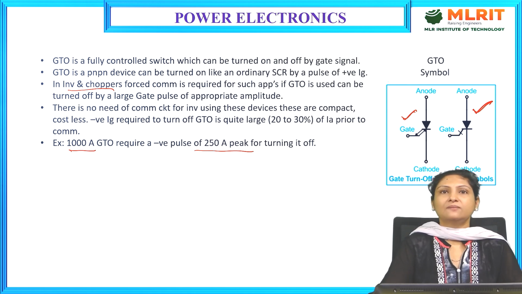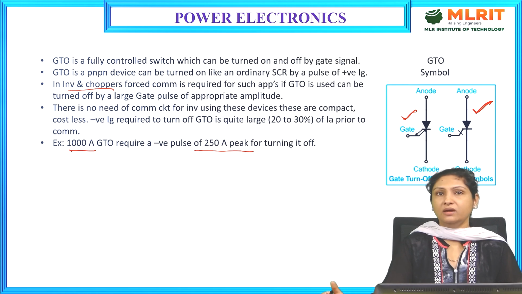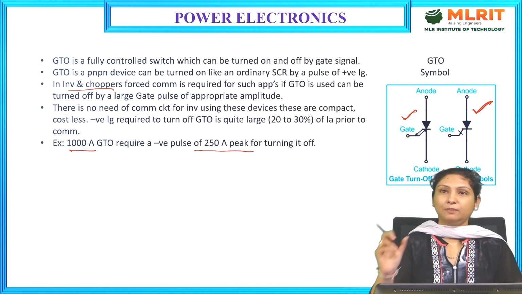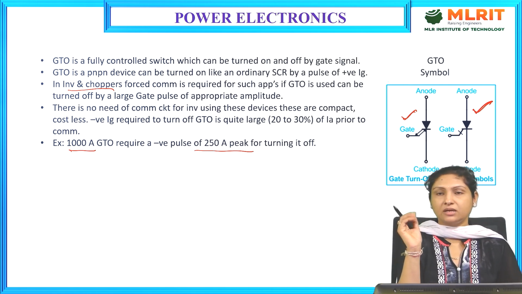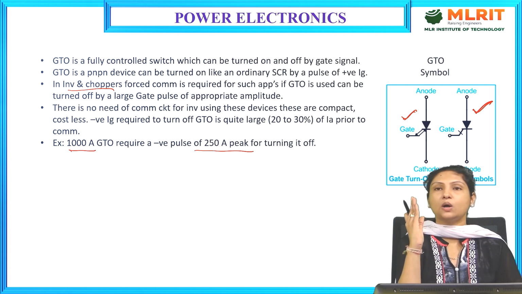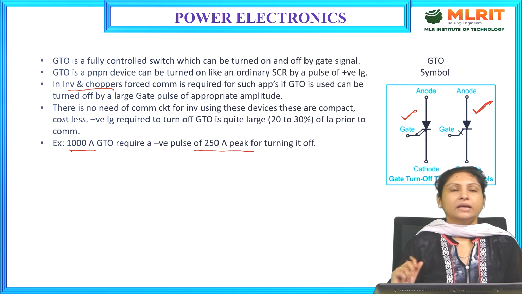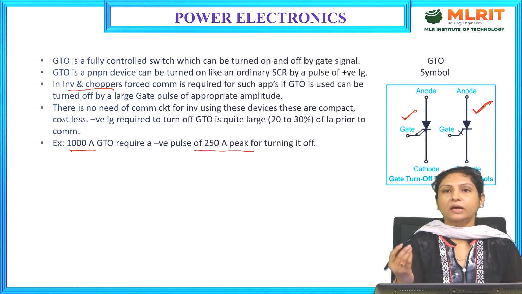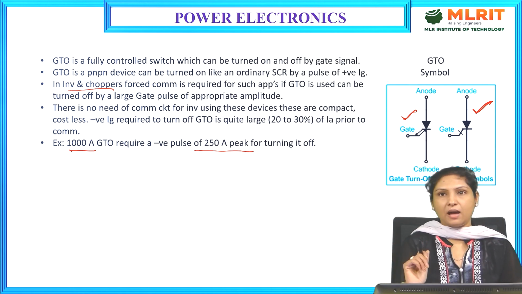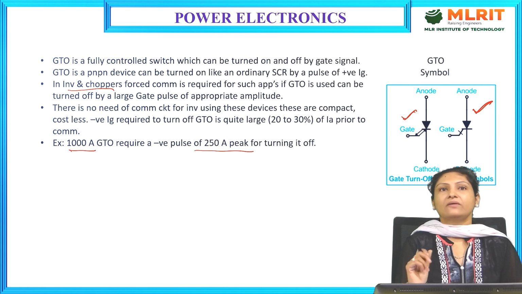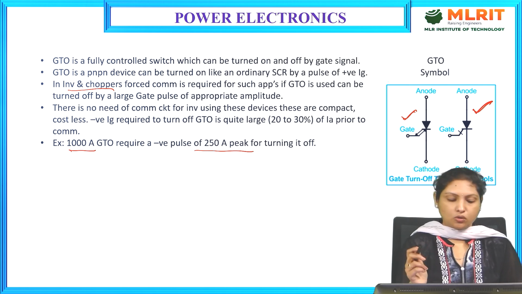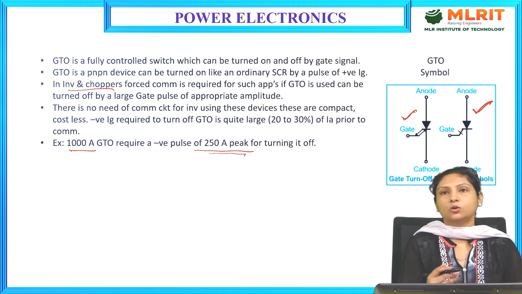And these GTOs are compact and costless, and simply a negative current is required to turn off a GTO, whose amplitude will be a bit large, that is 20 to 30% of the anode current. For example, let us consider a GTO of rating 1000 amperes. In that case, we need a negative pulse of about 250 amperes peak in order to turn it off.